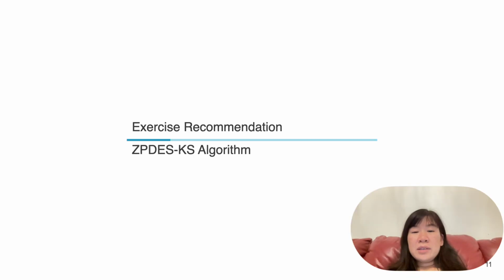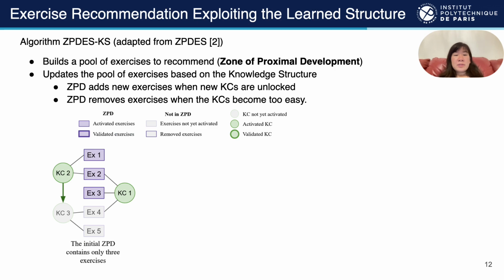The second part of our work is on the exercise recommendation using the ZPD-ES-KS algorithm. So it's an algorithm that we adapted quite straightforwardly from ZPD-ES. The idea behind the ZPD-ES algorithm is that we build a pool of exercises to recommend, which is the zone of proximal development.